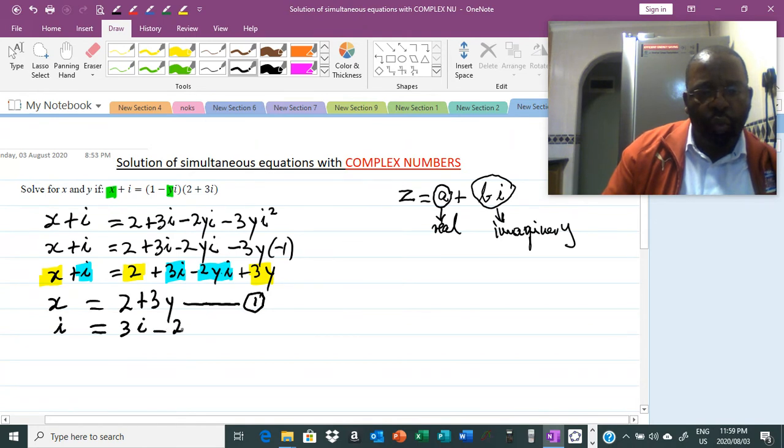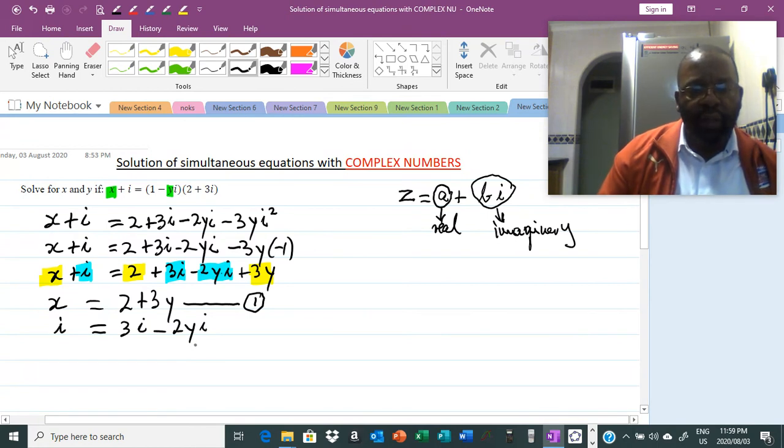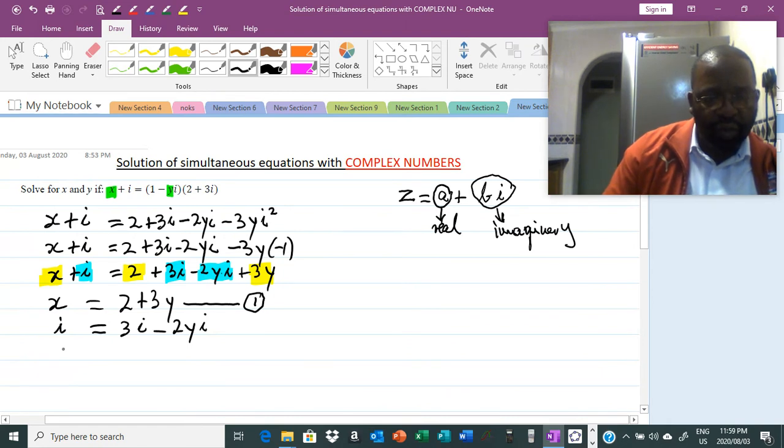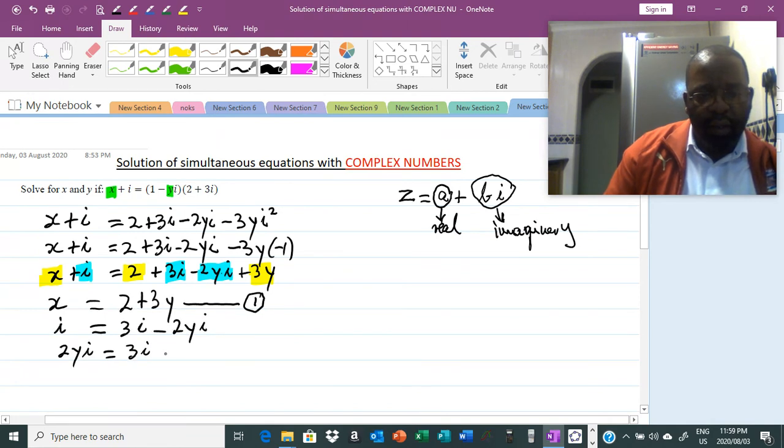minus 2yi. Okay, what are we trying to solve for here? We're trying to solve for y. You can see that if we drop the i's because they are common, we'll only have y as an unknown. But let's start by transposing negative 2y to this side. It will become positive 2yi equals 3i minus i, and 2yi equals 2i.